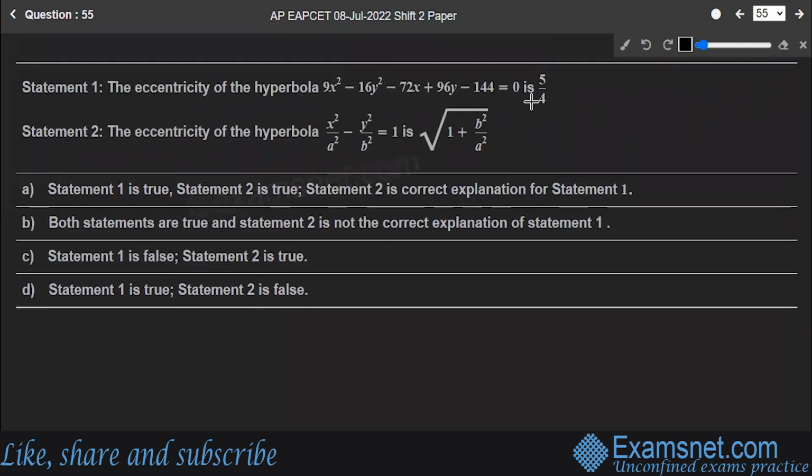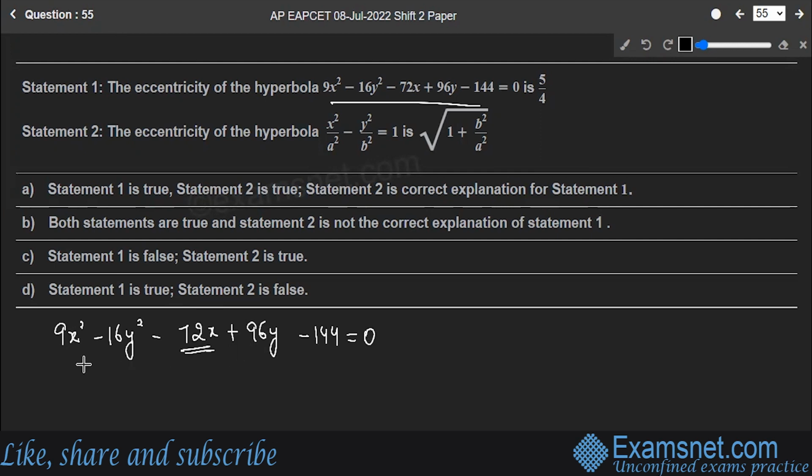So the first hyperbola, the equation is given by 9x squared minus 16y squared minus 72x plus 96y minus 144 is equal to 0. This is the equation of the first hyperbola. Let's solve it.